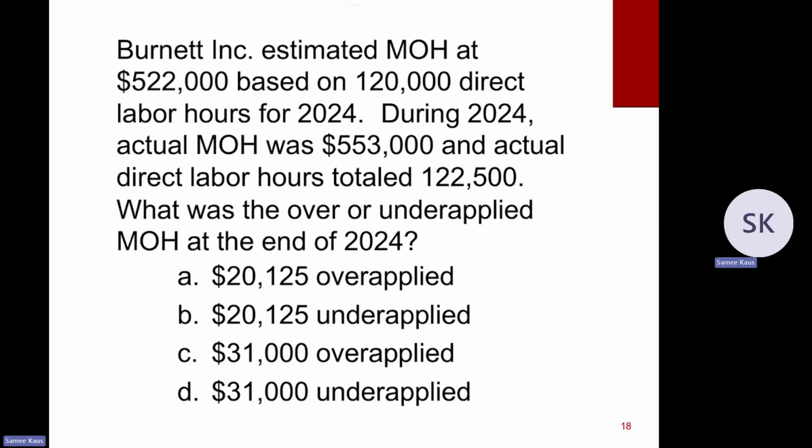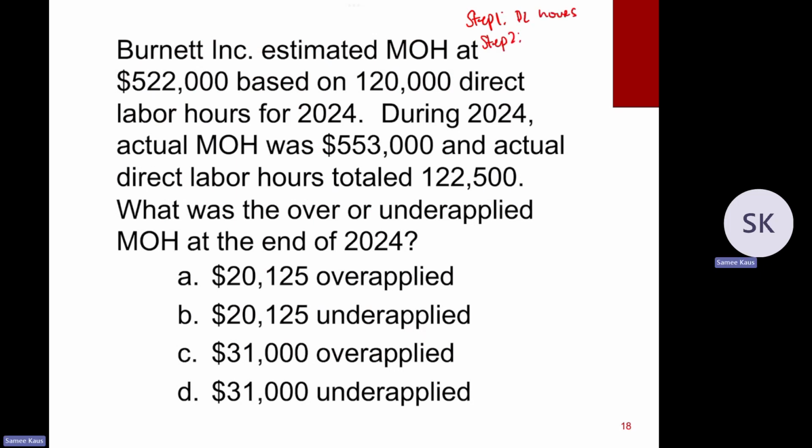So what was my over or under applied manufacturing overhead at the end of 2024? Well, step one in my total process is understanding what is my allocation base. And this tells me that my allocation base is direct labor hours.